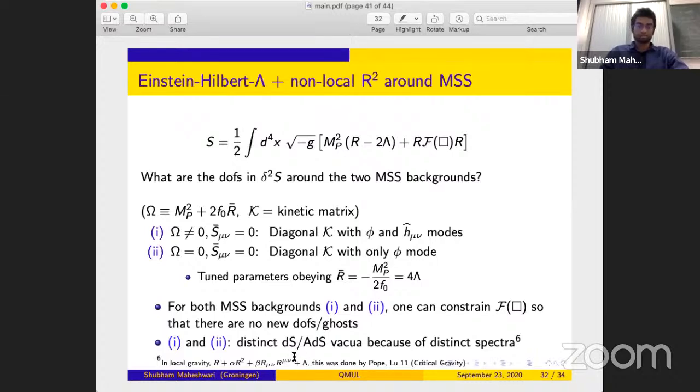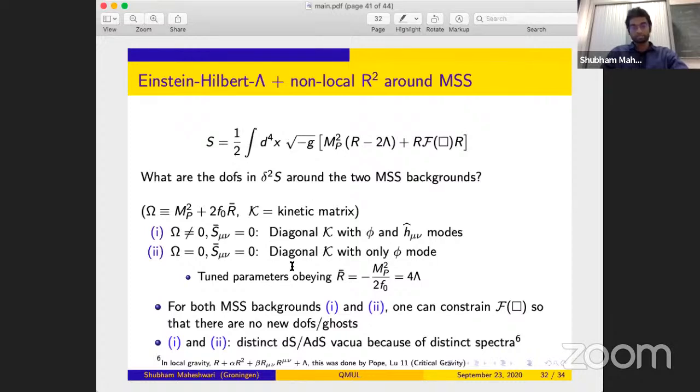And in this case, after adding a cosmological constant and for a particular tuning of parameters alpha, beta, and lambda, they were able to make the massive spin 2 mode massless, and they were able to get rid of the scalar degree of freedom.